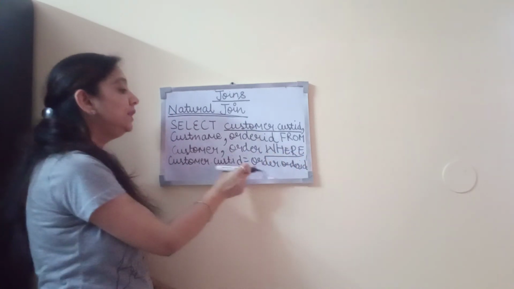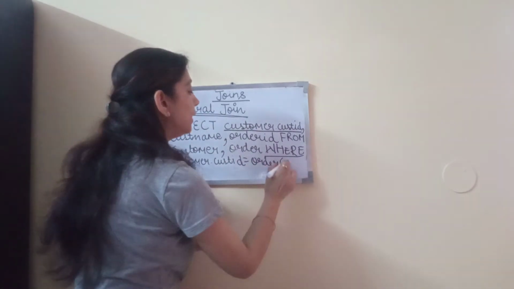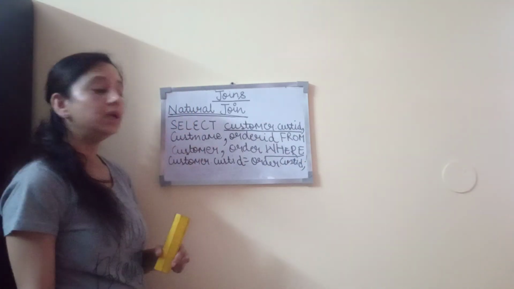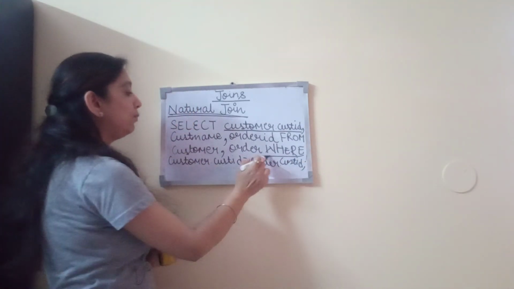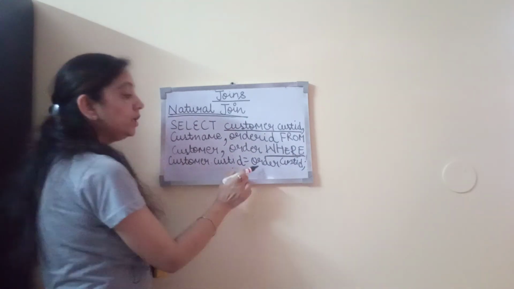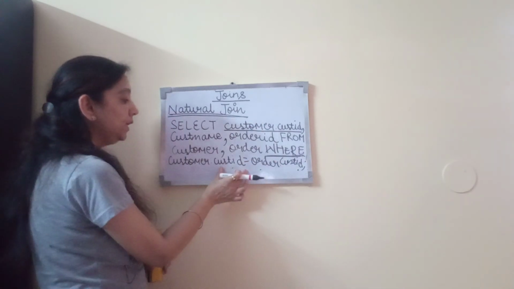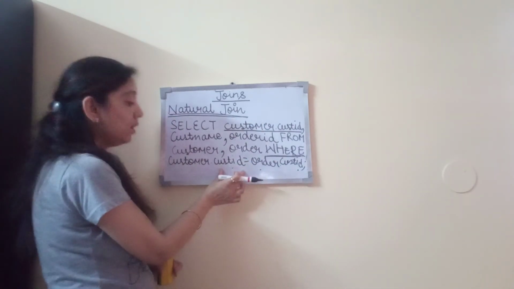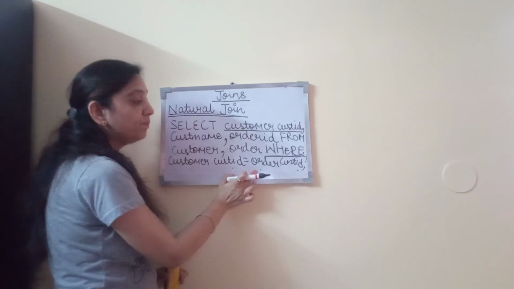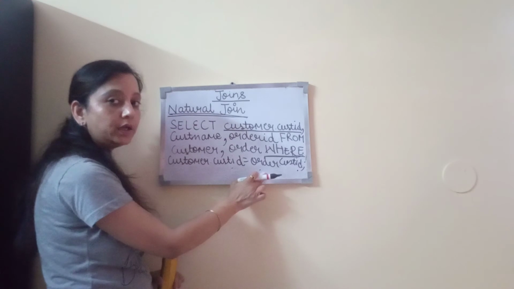That is, the matching column, sorry, this has to be customer ID, must have equal values. So we put the where clause and say customer.customer ID should be equal to order.customer ID. That is, the values of customer ID present in the customer table should be the same as the values of customer ID present in the order table.